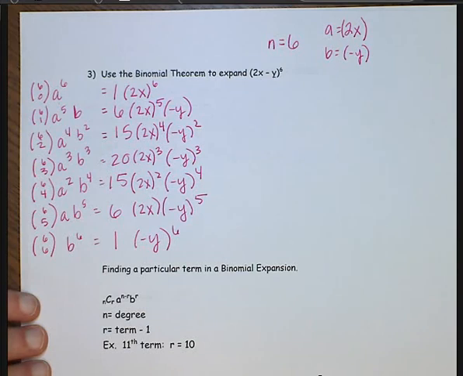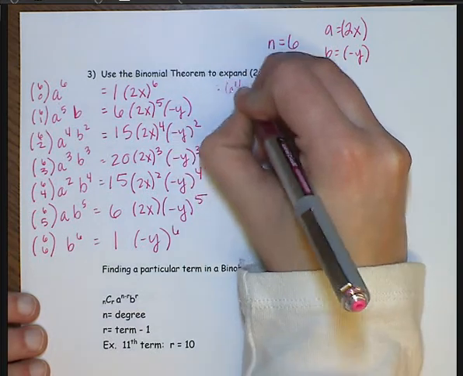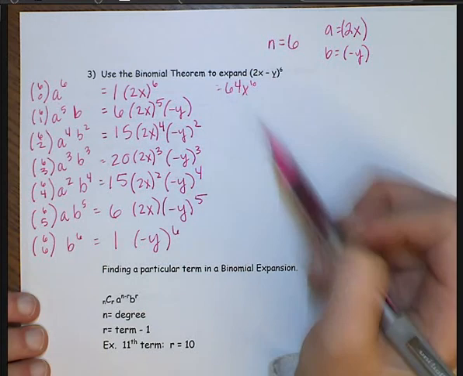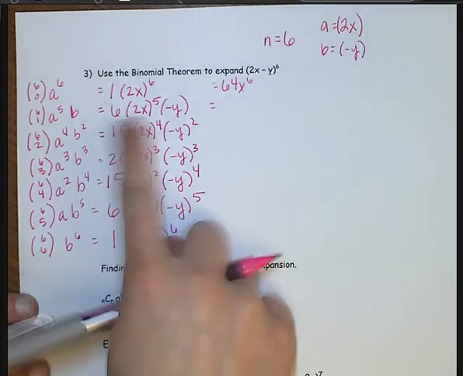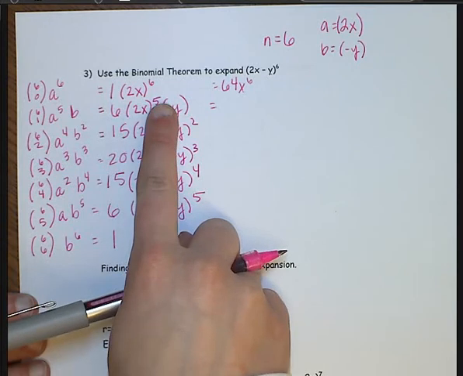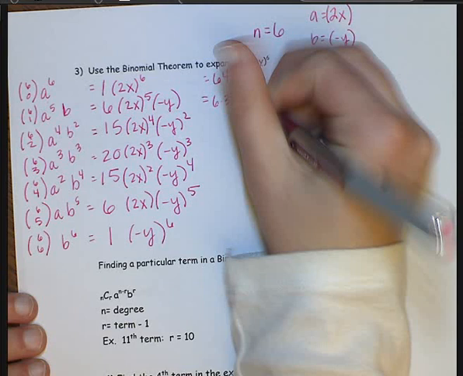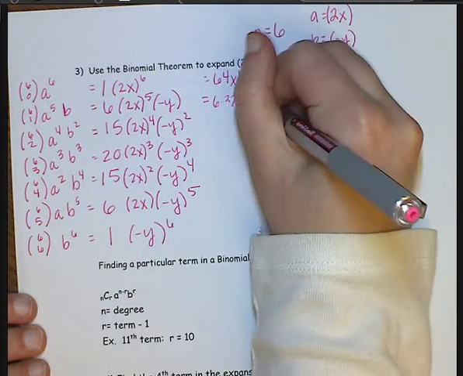So if we have 2x to the 6th power, that's going to give us 64 and x to the 6th. That 6 as an exponent goes to the 2 and the x. For my next term, I'm going to have 6 times 2 to the 5th, or 32, times x to the 5th, and negative y, so times negative y.